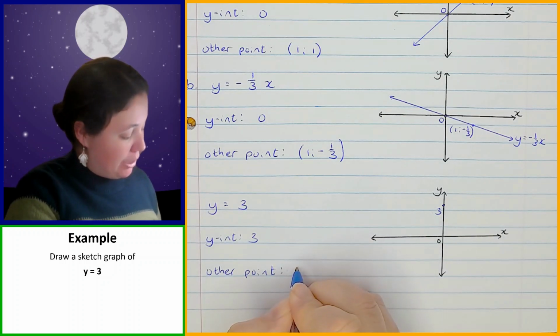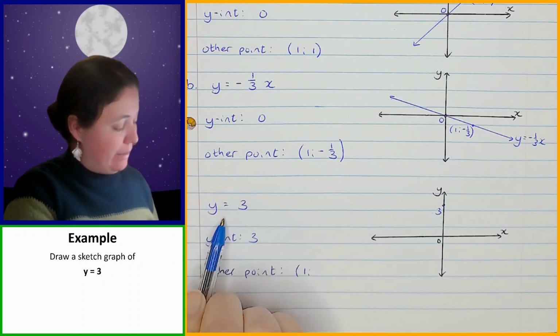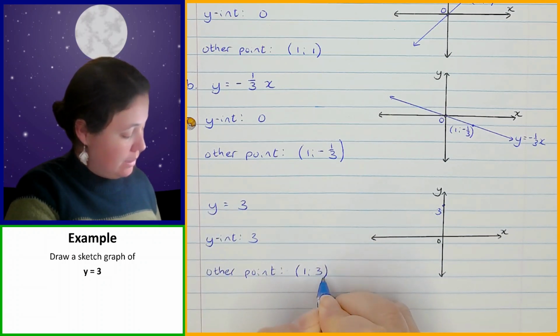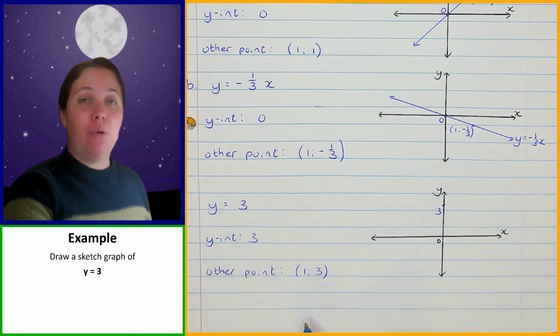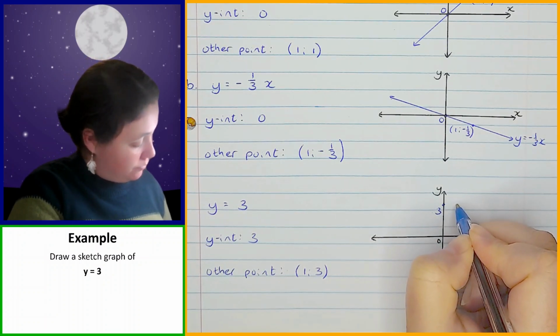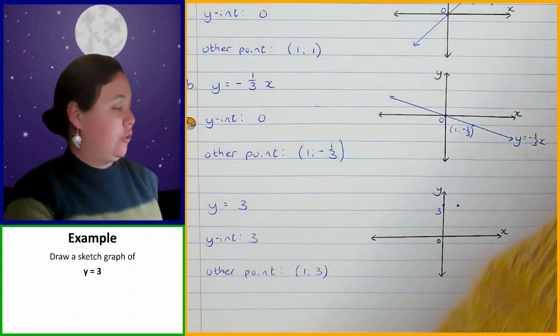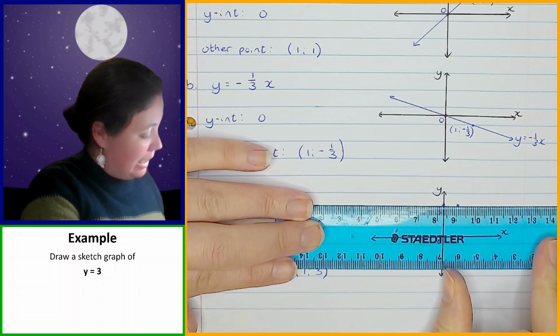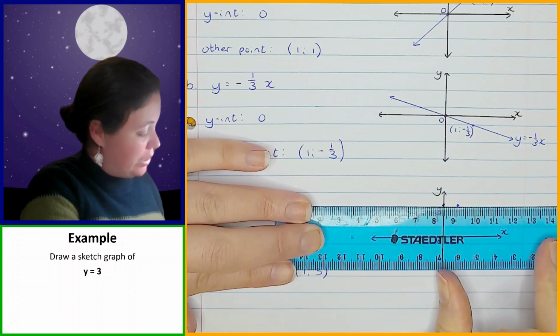Okay, so I'm going to make my other point the point 1, and then my y value I get from the equation, which is 3. Okay, so over here, I have the point 1, 3. So I'm going to go and plot that over here. And now I can go and join that up. And my line is going to be parallel to the x-axis.